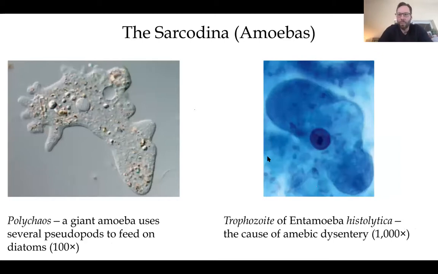Sarcodina, that is going to be the amoebas, and they come in different varieties. This is a giant amoeba on the left, and you can see it looks much like that cartoon. It has all of these pseudopods, these finger-like projections coming out, using it for motility. It's going to eat diatoms, which are algae, right? So a lot of these protists feed on each other. Again, it harkens back to a time when that was all that was around.